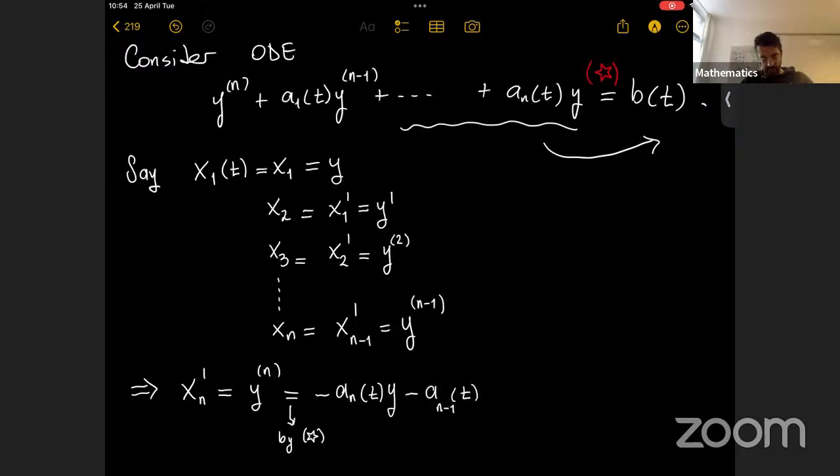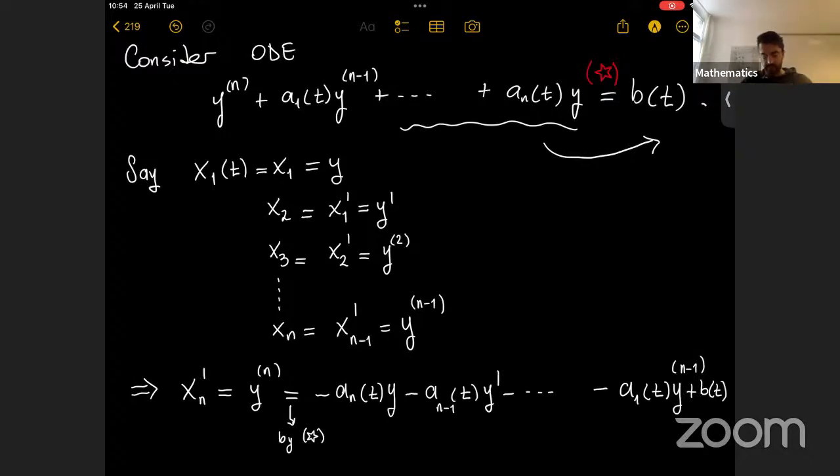These are functions, the coefficients, y prime. And you continue like that. Finally, minus a1(t) times the n minus first derivative of y plus b of t.